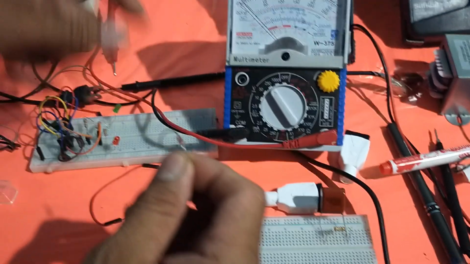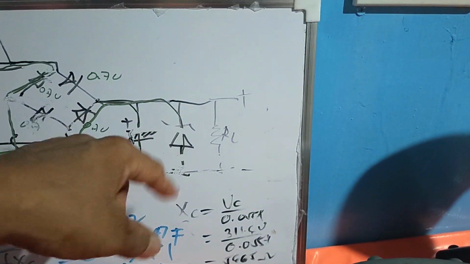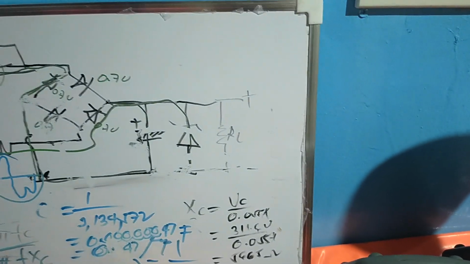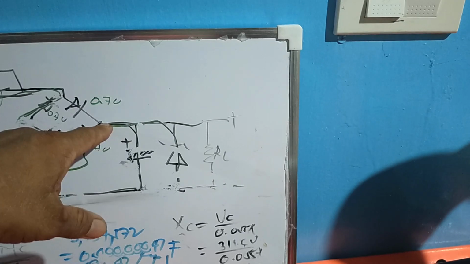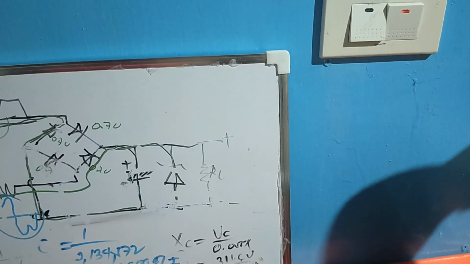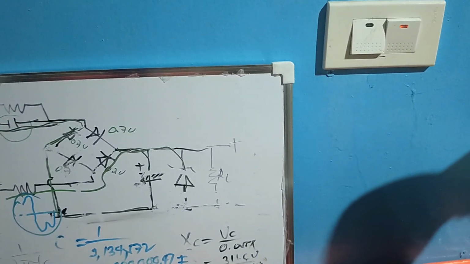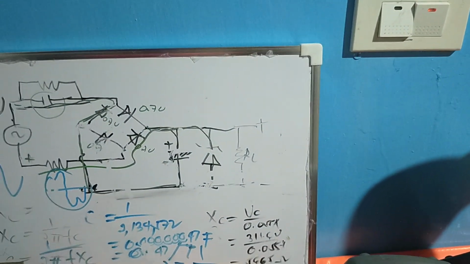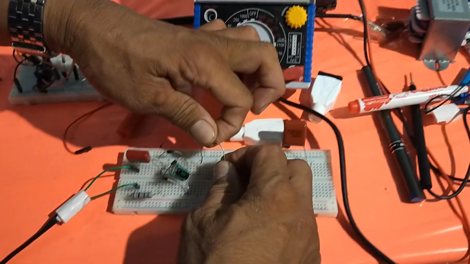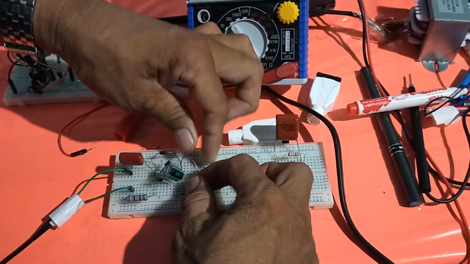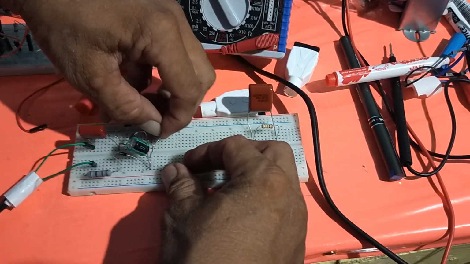Then, the zener diode: you see that it is connected in inverted polarity, wherein the cathode, which is negative, is now connected to the positive side, because the purpose of this zener diode is to regulate. The zener diode will operate normally at reverse polarity. That is why we are connecting the zener diode here just across the capacitor.